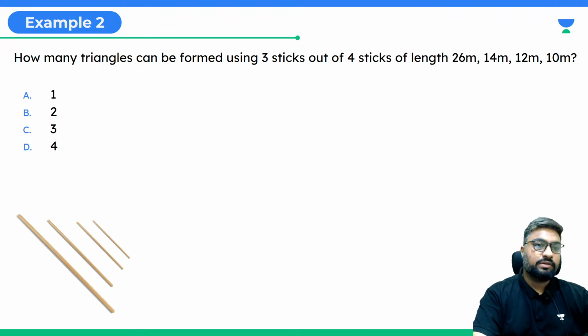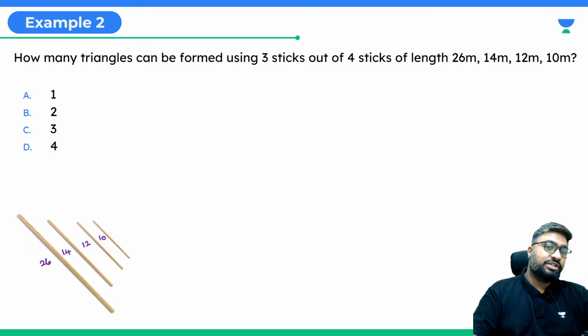Try this question out. So they're saying there are 4 sticks of length 26 meters, 14 meters, 12 meters and 10 meters.